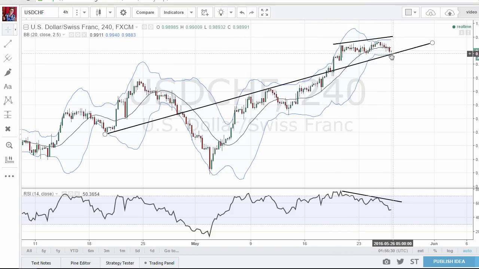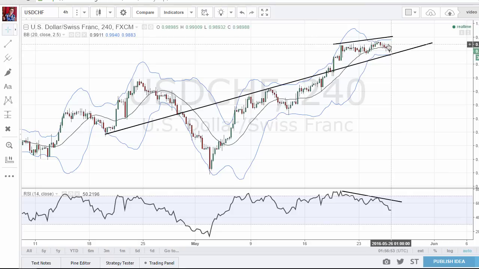And right now we see that price is approaching the trend line. So I'm assuming that once this trend line breaches, then we get a very strong reaction to the downside. At the same time, you can expect that around here, just like you see it now, there's a lot of consolidation going on, which means that entering ahead of the trend line is a little bit of a gamble.